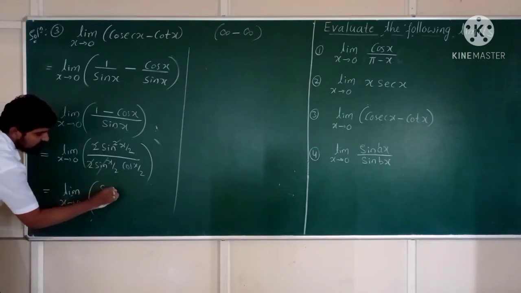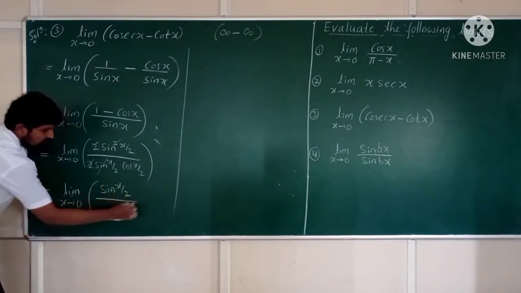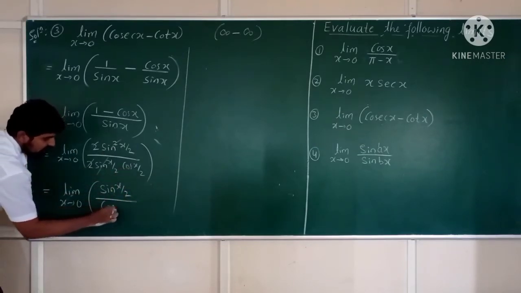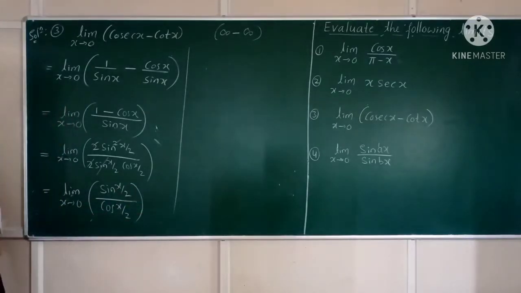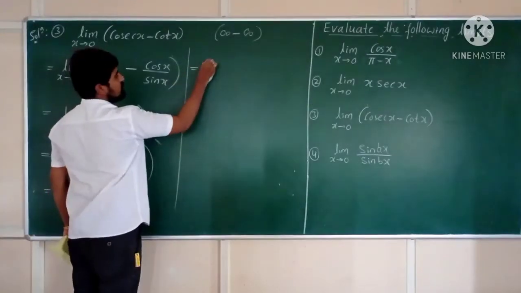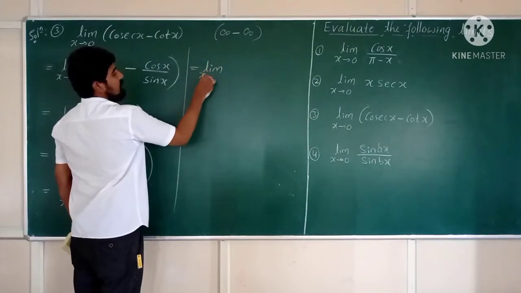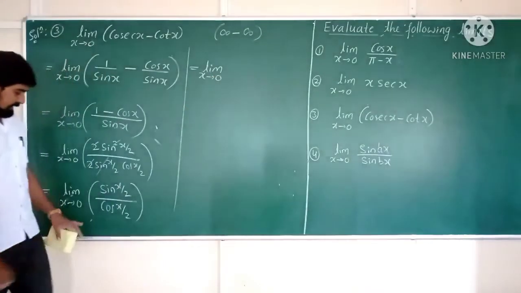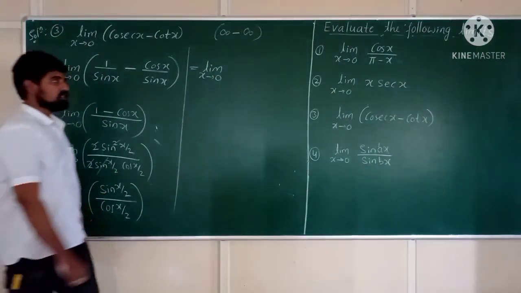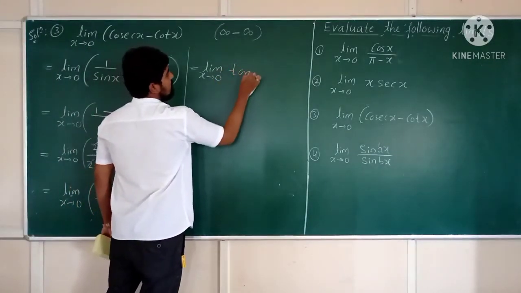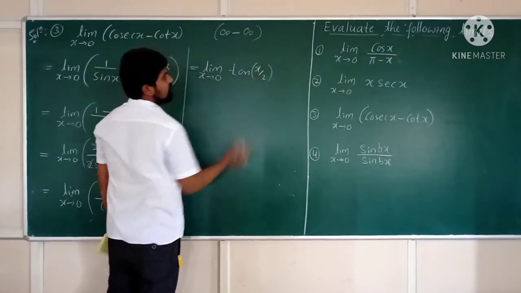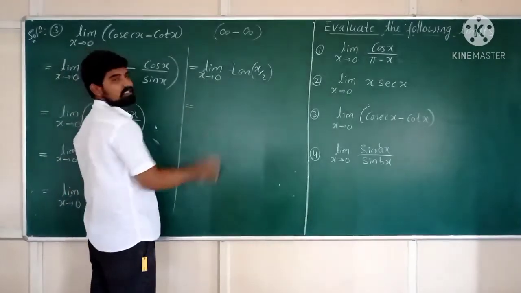In numerator the remaining thing is sin x by 2 divided by in denominator remaining thing is cos x by 2. So which is equals to limit x tends to 0 sin x by 2 divided by cos x by 2 is equals to what? Tan x by 2. Here we can directly substitute x is equals to 0.